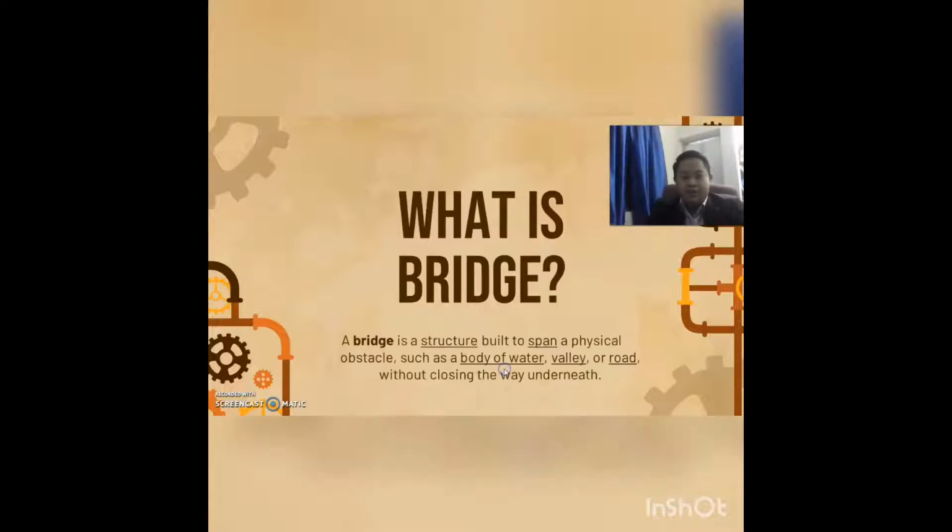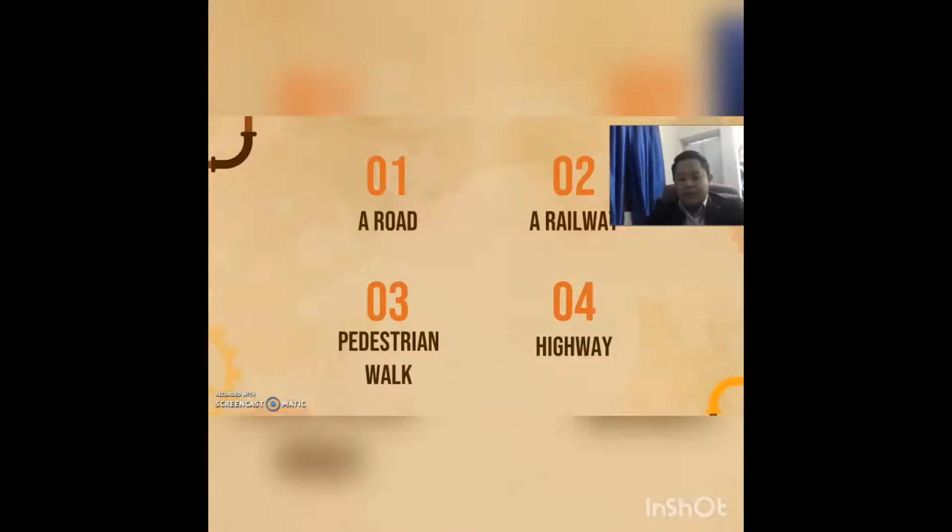What is a bridge? A bridge is a structure built to overcome a physical obstacle, for example a valley, a road, or a body of water, without closing the way underneath it. It is built for the purpose of giving way over obstacles, usually something difficult or impossible to go through.